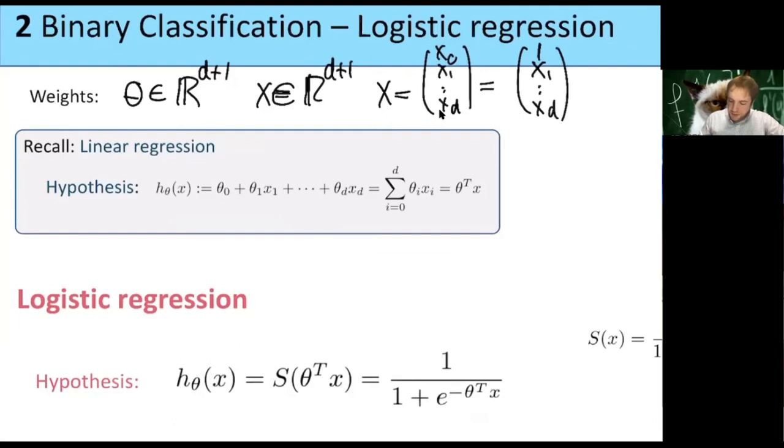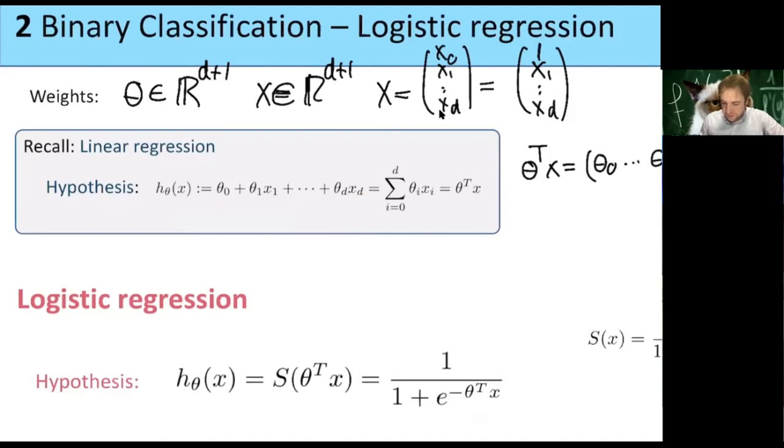And with this notation, theta transpose times x is just theta 0 up to theta d times this vector x0, x1, up to xd. So if you multiply this with this, you get exactly this here.